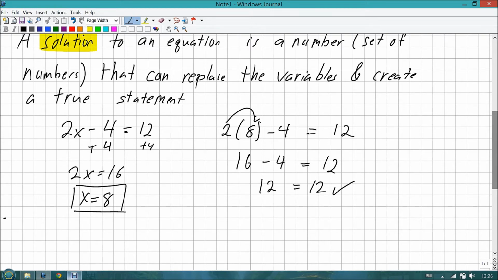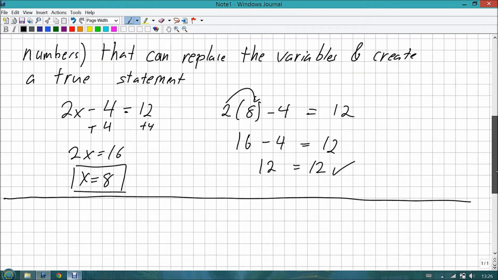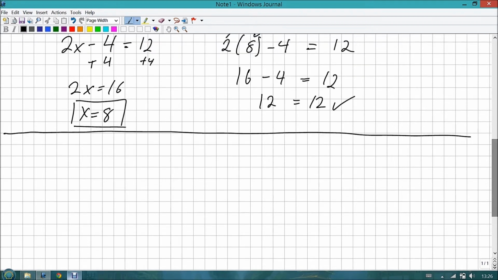And now we have linear equations. So what does it mean to be linear? Linear, of course, means line.